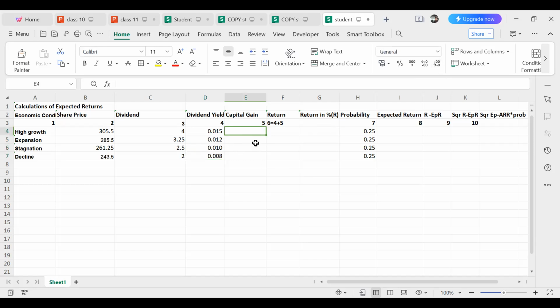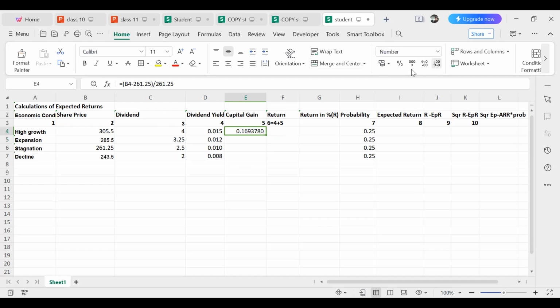So then capital gain. What is the capital gain formula? It is your present share price, let us put a bracket here. So this is your 305.5 minus 261.25, whole divided by 261.25. This is your capital gain yield.